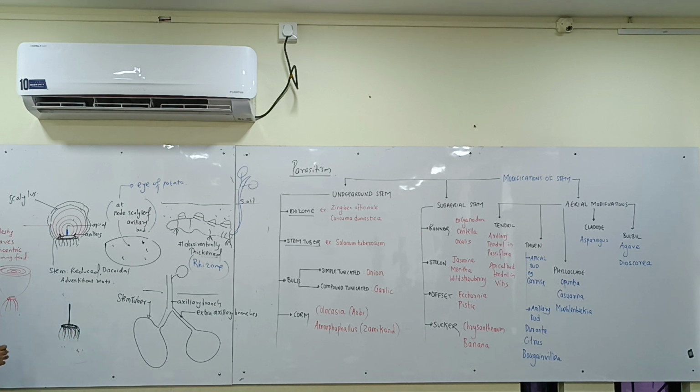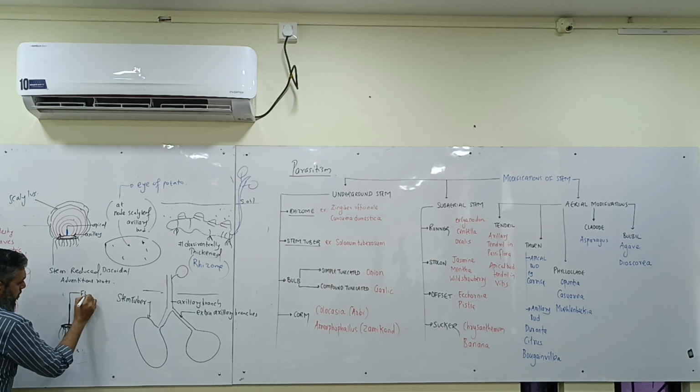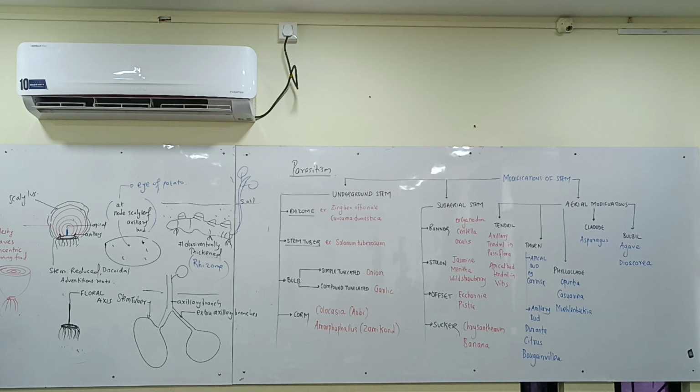In the center there will be something like a stick. That is called the floral axis. And around the floral axis, you have many axillary buds.